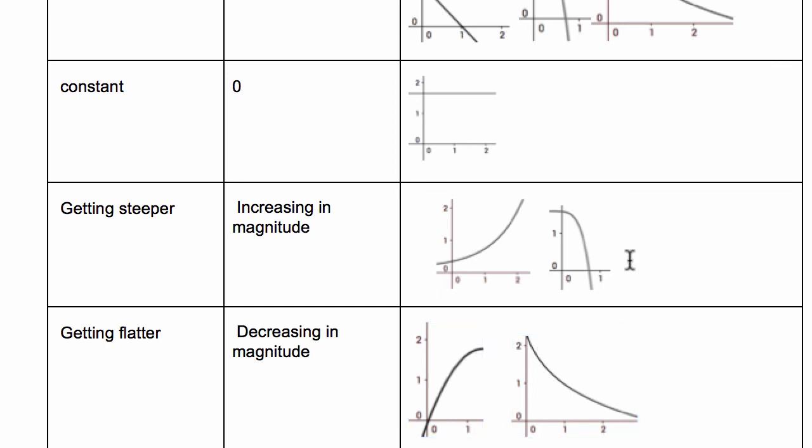Note, if they were to get perfectly flat, like this graph up here, the growth rate would be 0. Also, note that the graph on the left is increasing while the graph on the right is decreasing. So it is possible to have both an increasing graph and a decreasing graph with growth rates that are decreasing in magnitude.